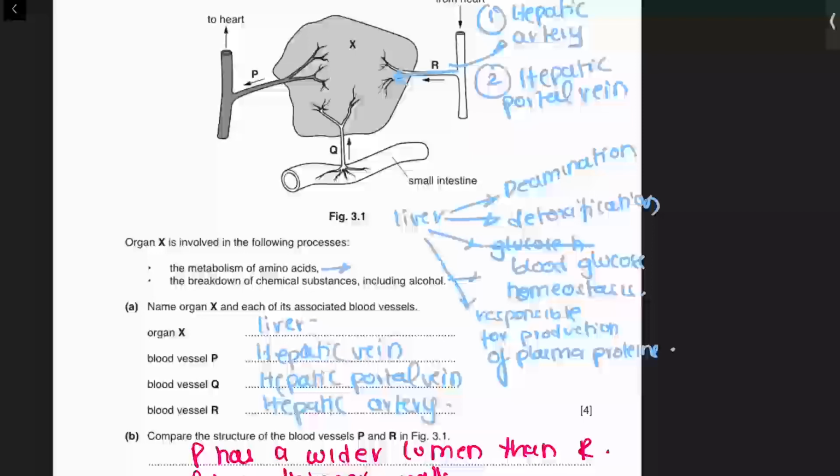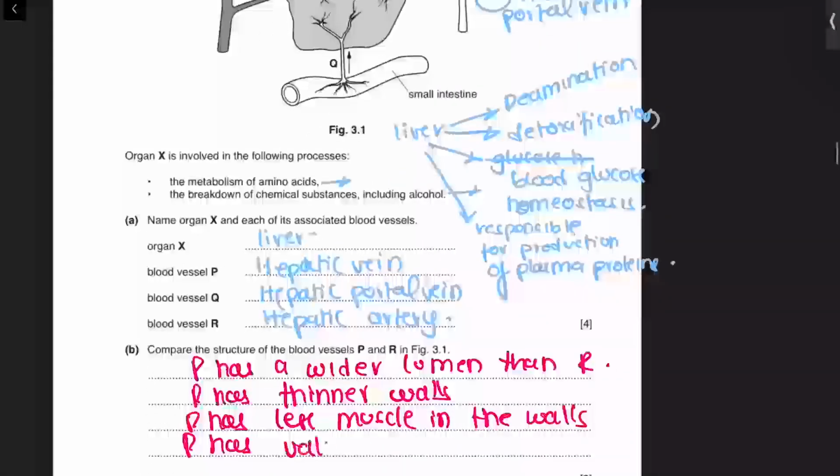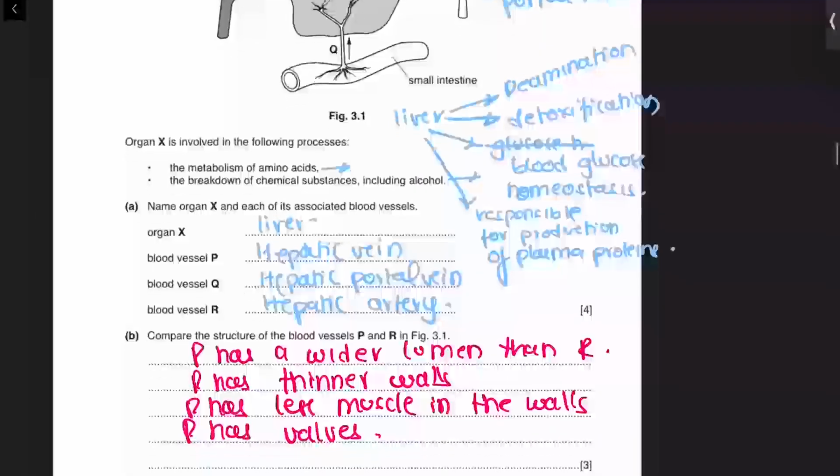P has less muscle and elastic tissue in the walls. P has valves, whereas R does not have valves. These are differences between artery and vein. Arteries have a narrow lumen, veins have a wide lumen. Arteries have thick muscular walls, veins have thin walls with less muscle and elastic tissue. Arteries don't have valves, veins have valves, right?